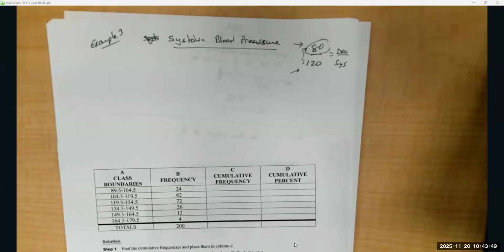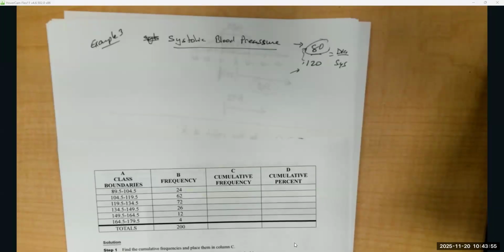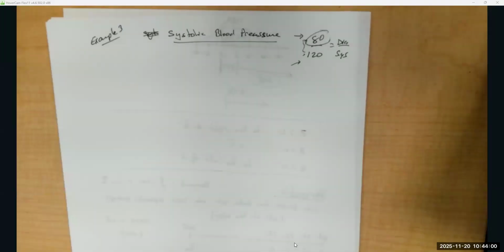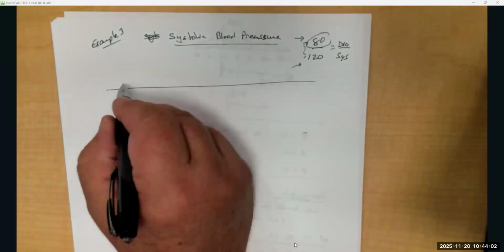Let's create a cumulative frequency diagram from this information. So let me write this down.